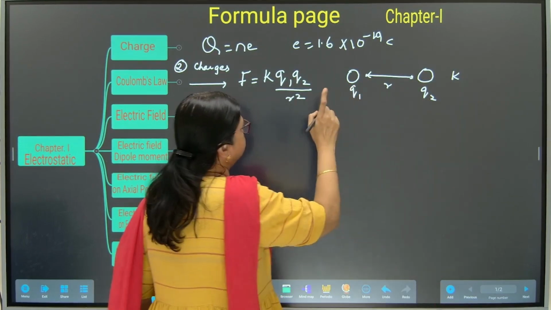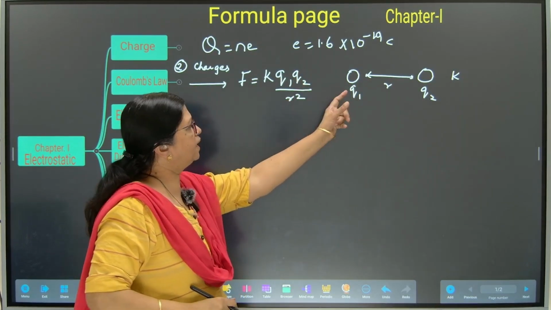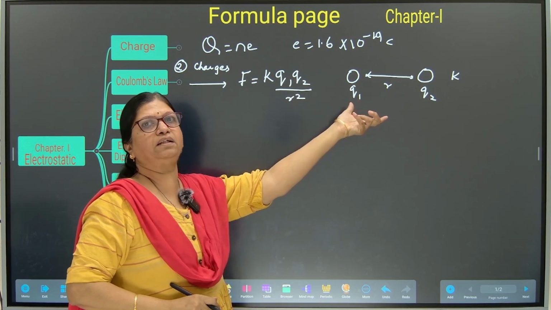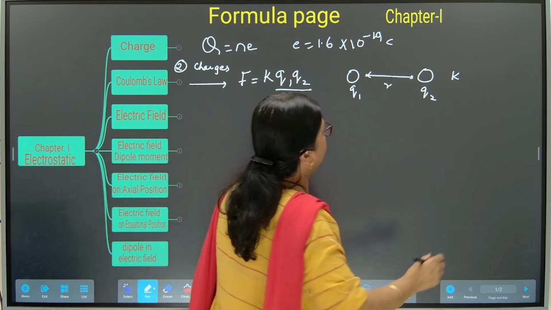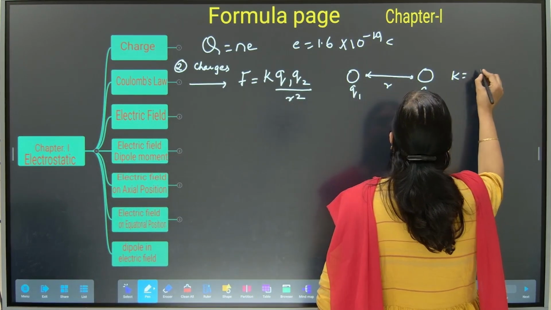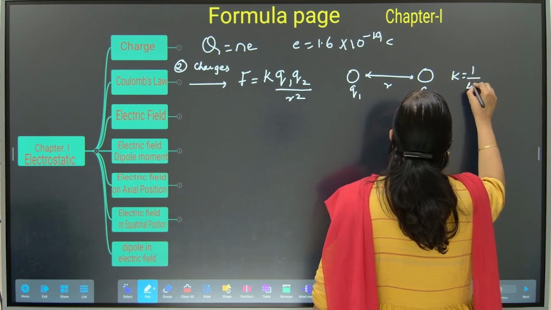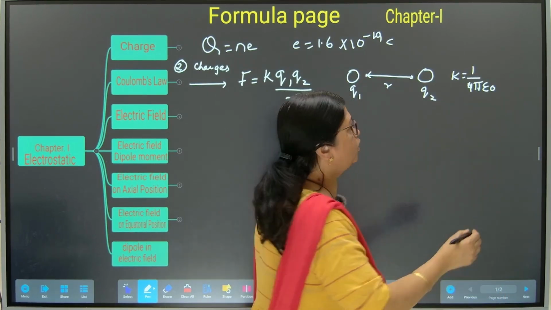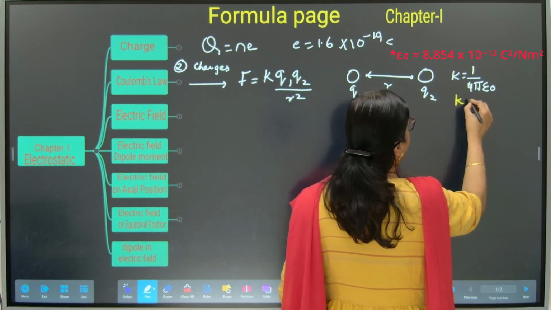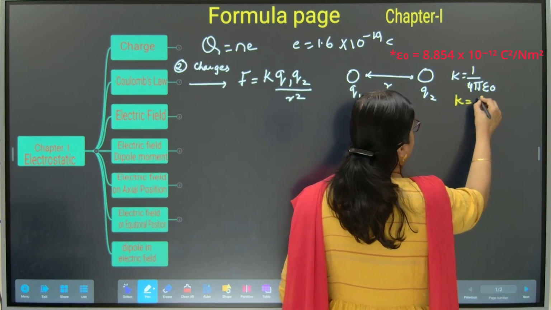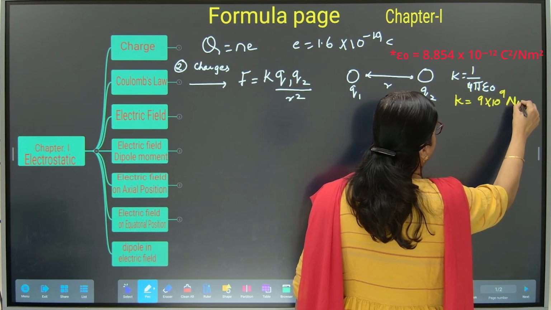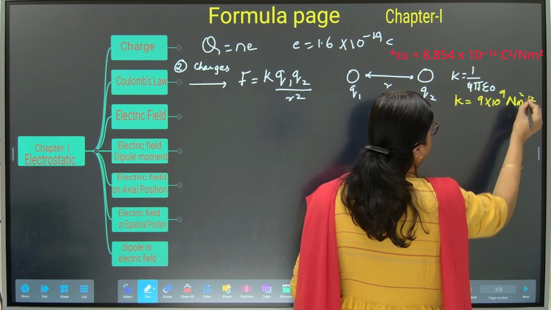This force is between these two charges, where these charges are separated by a distance R. Okay, where K is equal to 1 upon 4 pi epsilon naught, where the value of K, which has to be kept in your mind, is 9 into 10 raised to 9 Newton meter square per Coulomb square.